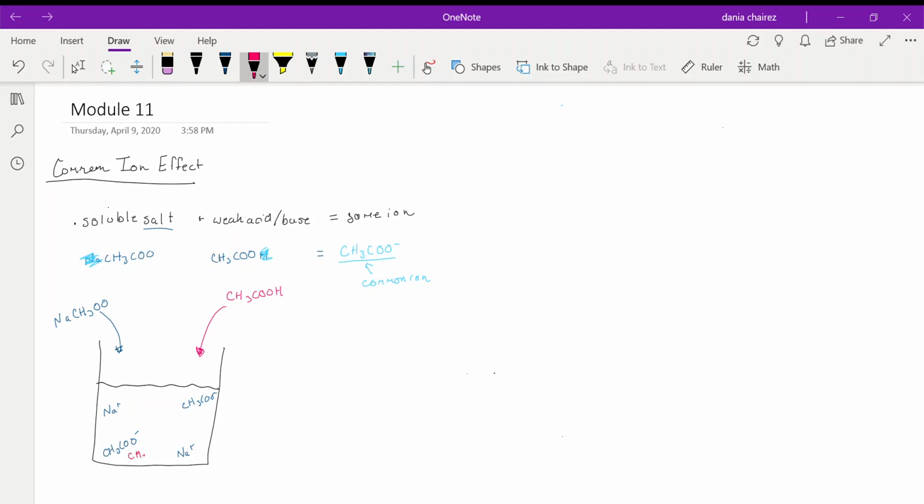So you're going to have some acetic acid in the solution, and you're also going to have some acetate ions floating around in there. And we're also going to have our H pluses floating around from the acetic acid, which, like I said, doesn't dissociate completely, so there's no full one-to-one.